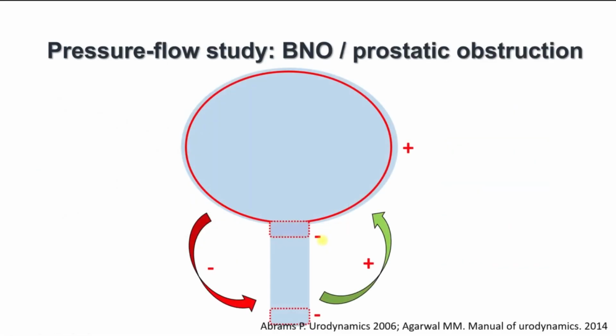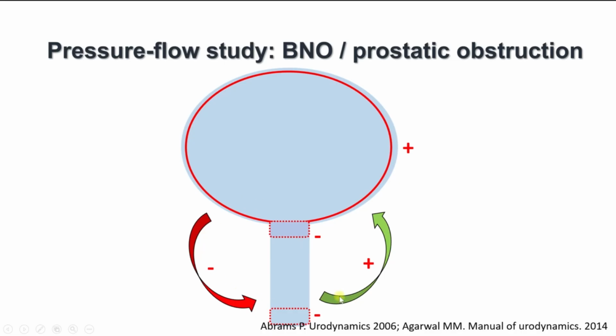Now, let us take one by one. In obstruction, we're looking for whether it is bladder neck or prostatic obstruction, or it is sphincter or pelvic floor dysfunction. So in bladder neck or prostatic obstruction, or in females urethral stricture, when we do urodynamics, what is happening is there is a physical obstruction which can be dynamic or static.